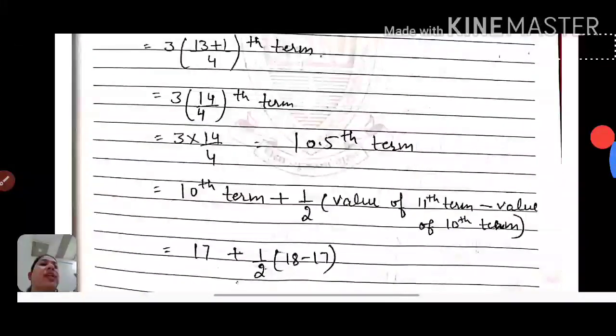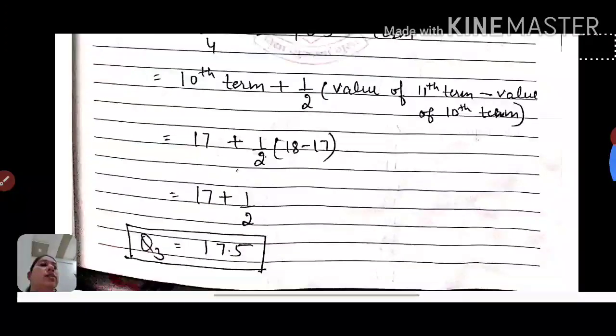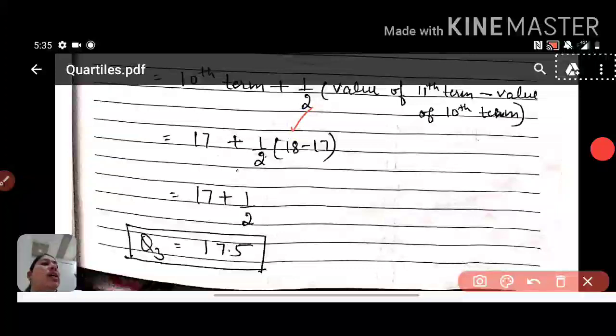That is the 10th term plus half the value of the 11th term minus the value of the 10th term. Here in the data the 11th term is 18 and the 10th term is 17. So after solving it you will get quartile 3 equal to 17.5.